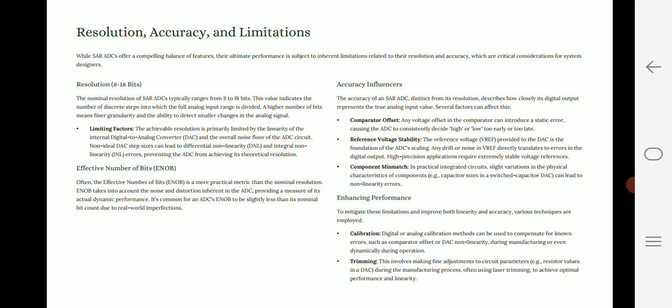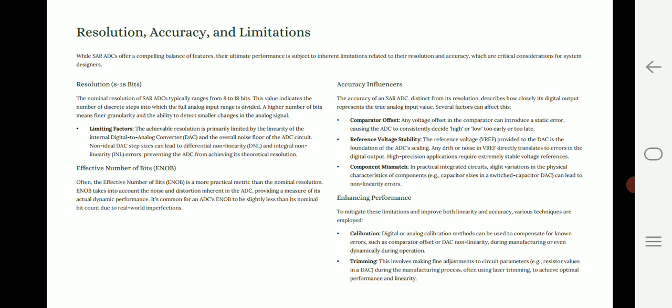While SAR ADCs offer a compelling balance of features, their ultimate performance is subject to inherent limitations related to resolution and accuracy, which is a critical consideration for system designers. Here, the SAR ADC resolution is 8 to 18 bits, and the effective number of bits is 8 bits.